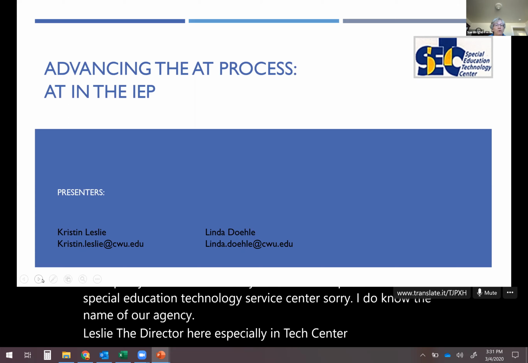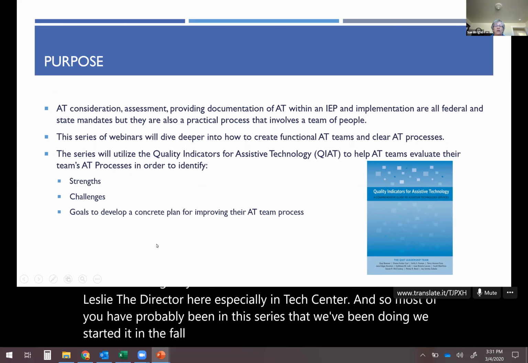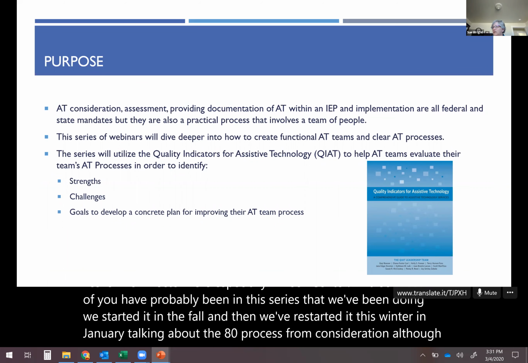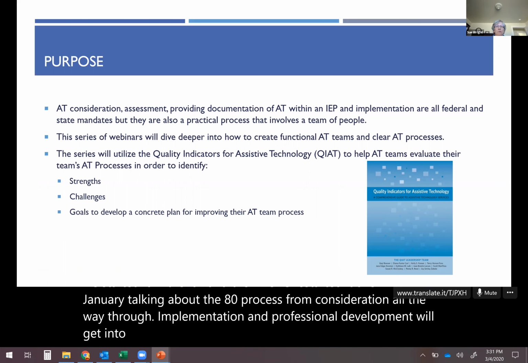And so most of you have probably been in this series that we've been doing. We started it in the fall, and then we restarted it this winter in January, talking about the AT process from consideration all the way through implementation and professional development. We'll get into that later in the spring.